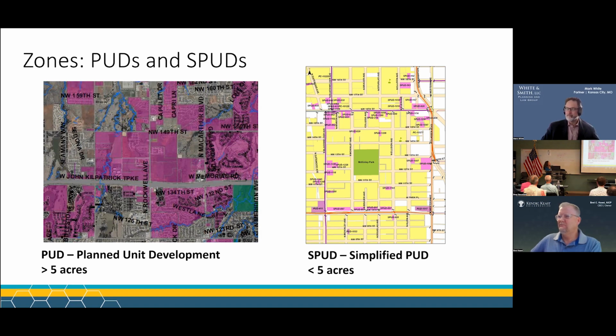But we have come to rely on these a lot more than other cities. In order to do a PUD, you have to have a land application that's greater than 5 acres. And then the simplified PUD is for less than 5 acres. And these are individually negotiated, basically base zones for each little piece of property.